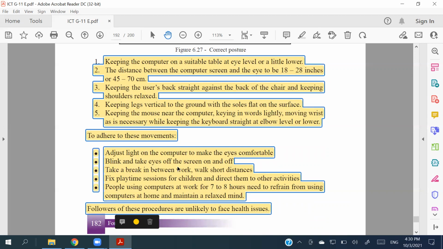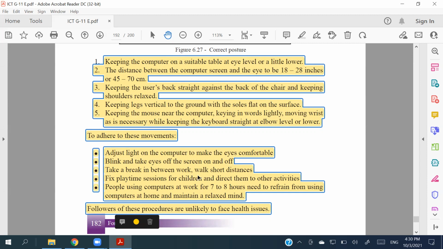Blink and take your eyes off the screen on and off. The advice is, if you are working with a computer for more than 30 minutes, then after 30 minutes look at something located very far away, like the clouds. It will ease your vision, so CVS will ease up from that.